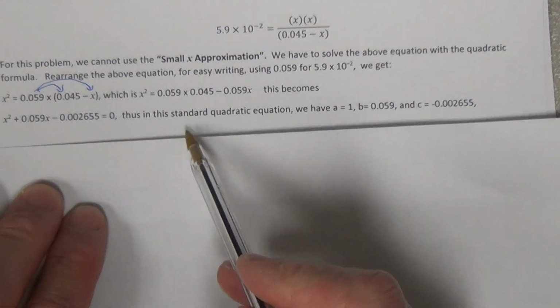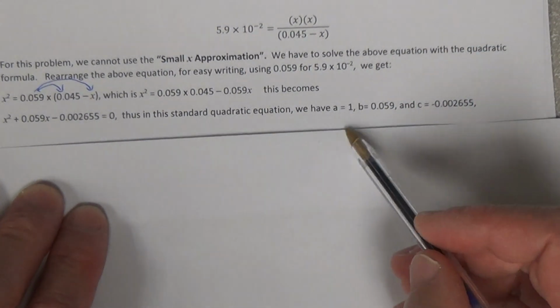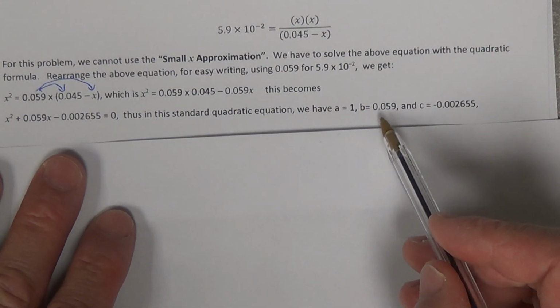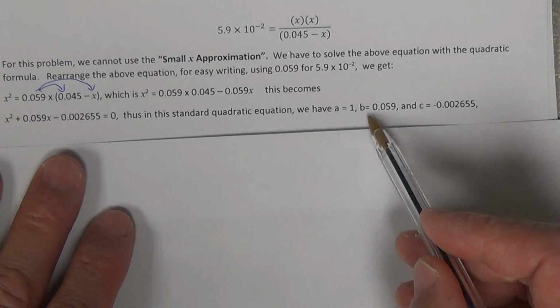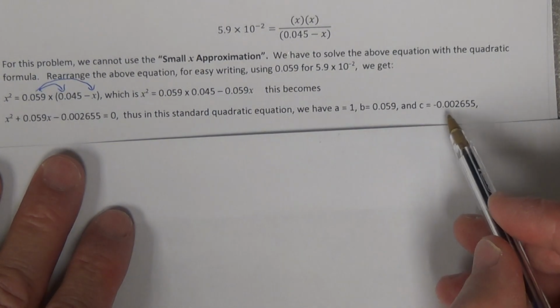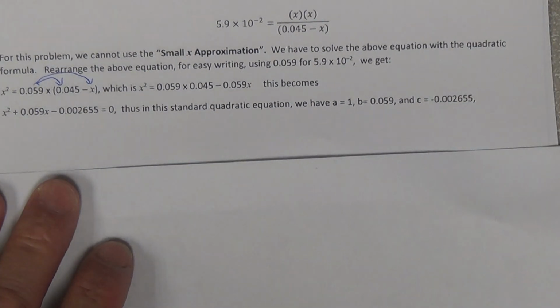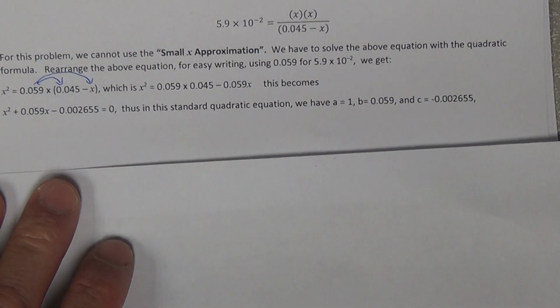Then this is the standard quadratic equation, and in this standard quadratic equation we can say a equals 1, b equals 0.059, c equals negative 0.002655.